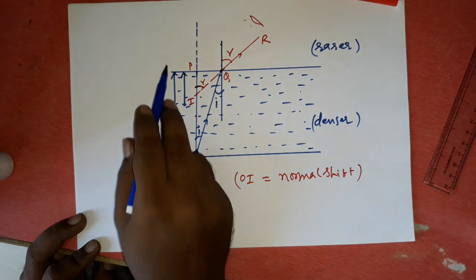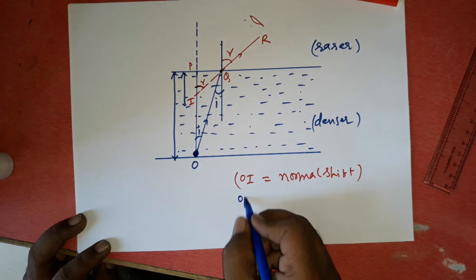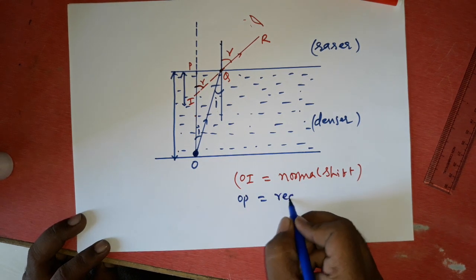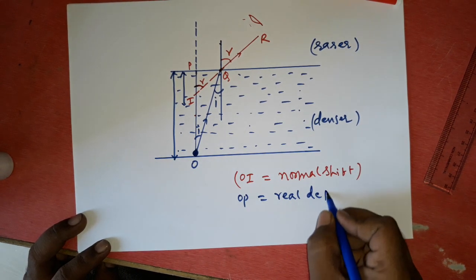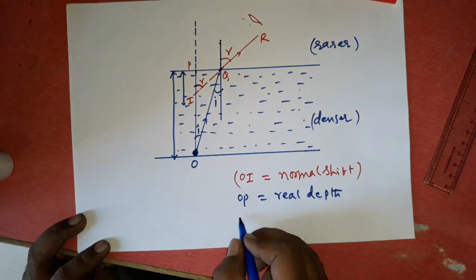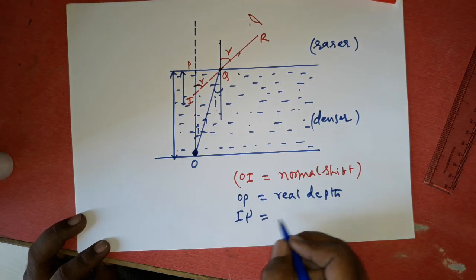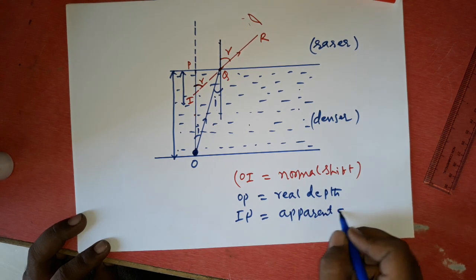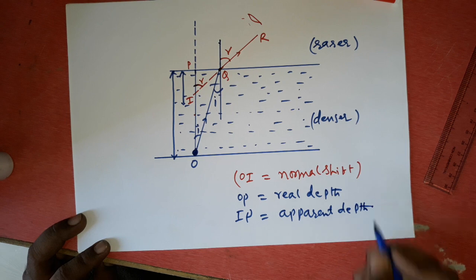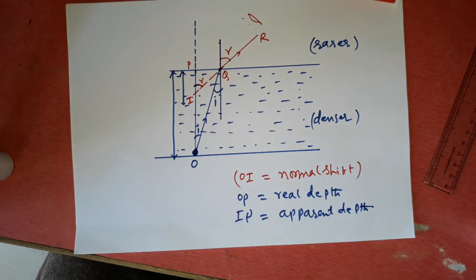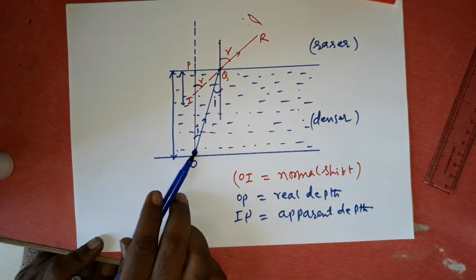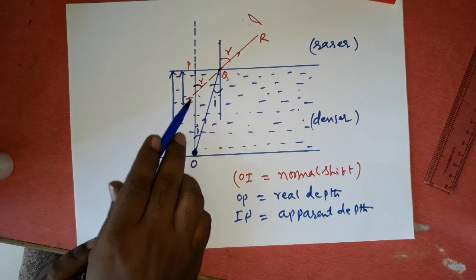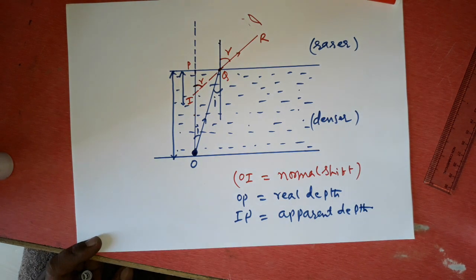So OP is called real depth, and IP is called apparent depth. The object which is really here is the real depth. It appears to be here means it is the apparent depth.